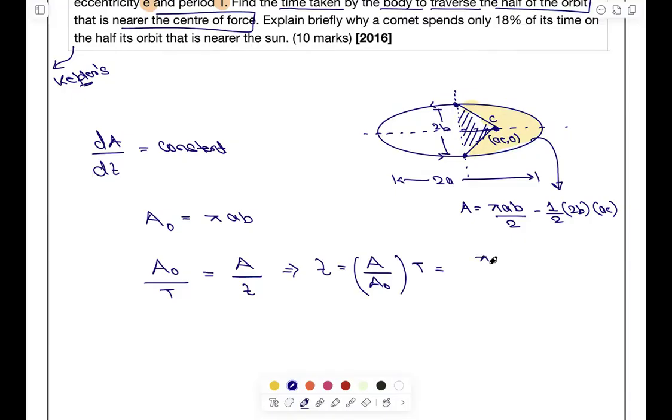So just put the value here. A will become pi ab, and we can take pi ab as common.